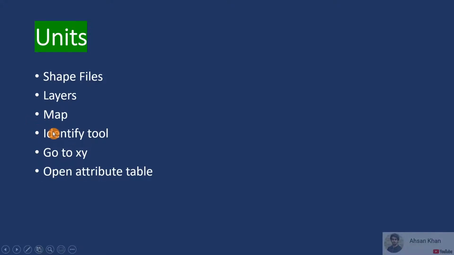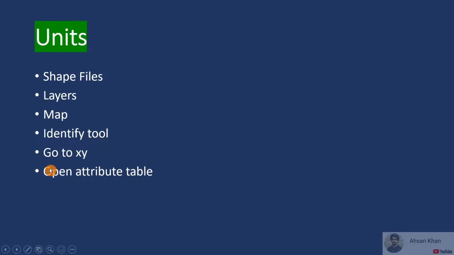Sometimes you also use the identify tool, so you can change the units from there. Sometimes you want to go to a certain point on a map, and you can change the units from there. Or if you want to find the area of a certain location or some other information about certain areas in your map, you can open the attribute table, and from there you can also change the units.